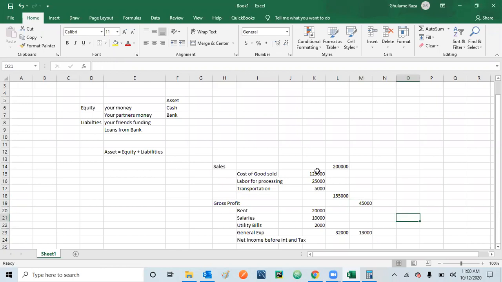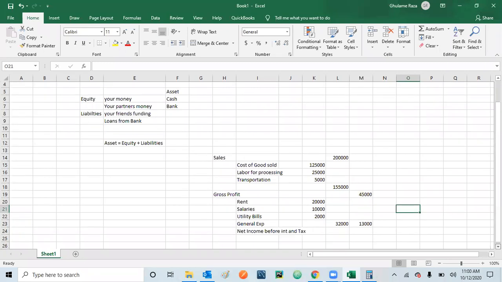So here is the example: total sales is this much. We spent this much money, that is equal to this much amount. And then the gross profit will be this minus this, which is here. Then I spent other expenses and I add all of them to make this total. And from 45,000, once I subtract this one, it becomes 13,000.